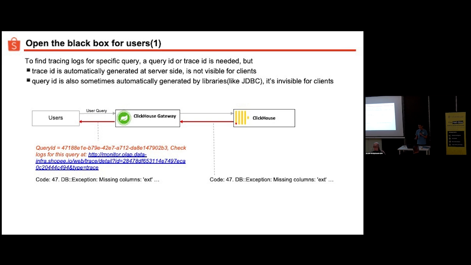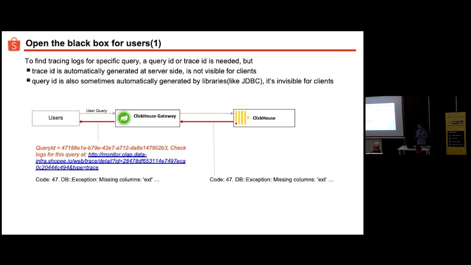For example, if there is an error that comes from the ClickHouse, we have a ClickHouse gateway before the ClickHouse, and the ClickHouse gateway is working on layer 7, so it knows what the response from ClickHouse is. When the gateway knows it is an exception response, our gateway will automatically change the response and inject the query ID and the links of the distributed log into the response.